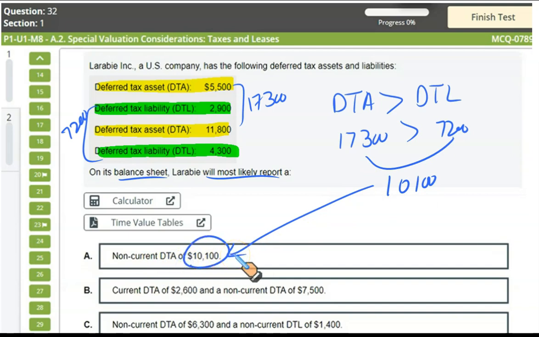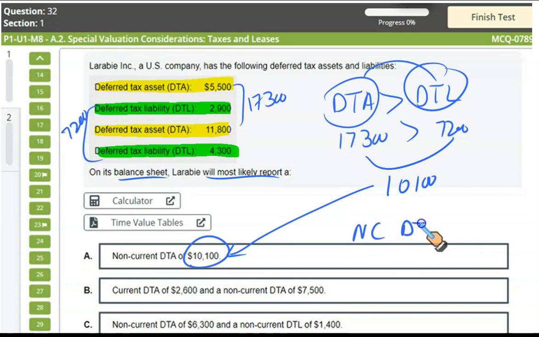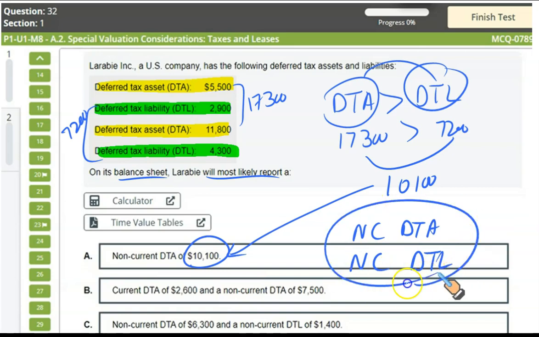Please remember, under US GAAP, deferred tax assets and deferred tax liabilities are netted, and they are either a non-current deferred tax asset or a non-current deferred tax liability. Under US GAAP, in US financial reporting, there is no classification as current deferred tax asset or current deferred tax liability. Only non-current deferred tax asset and non-current deferred tax liability, right? So that would make A the correct option.